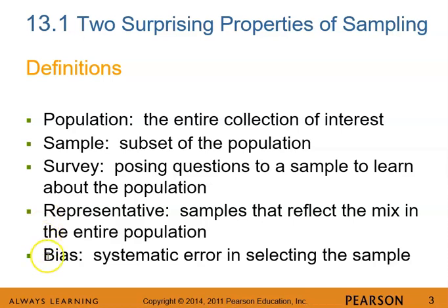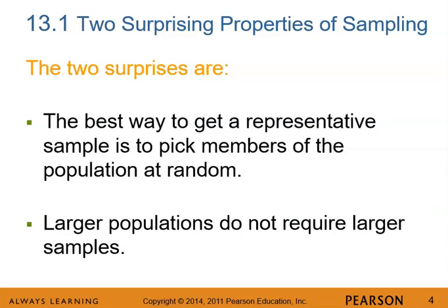And what is bias? Bias is a systematic error in selecting the sample. If our sample collection has bias, then our decisions are going to be less accurate and include more errors.